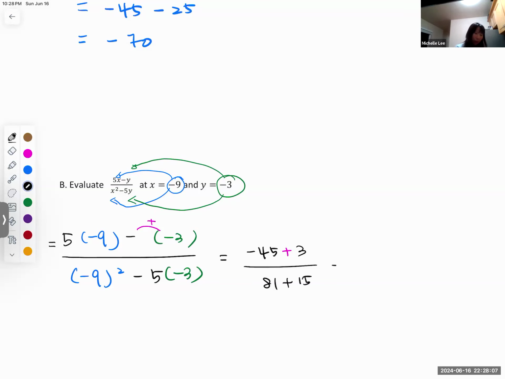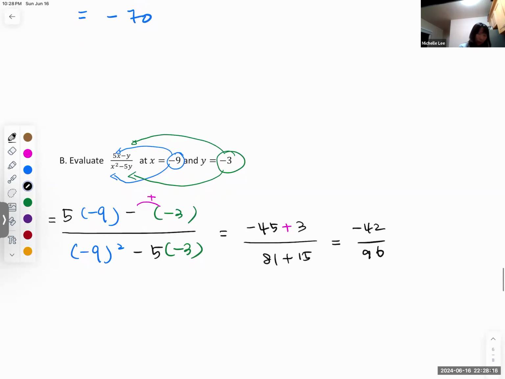Okay, that will be negative 42 over 96. Okay, let's just simplify. So I want to make this negative 2 times 21 over 2 times 48, equal to negative 21 over 48. That is the simplest form.